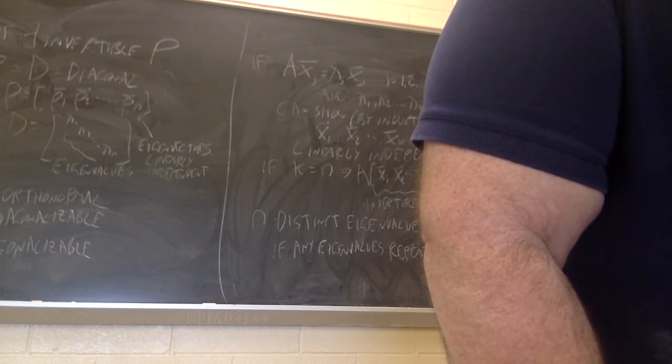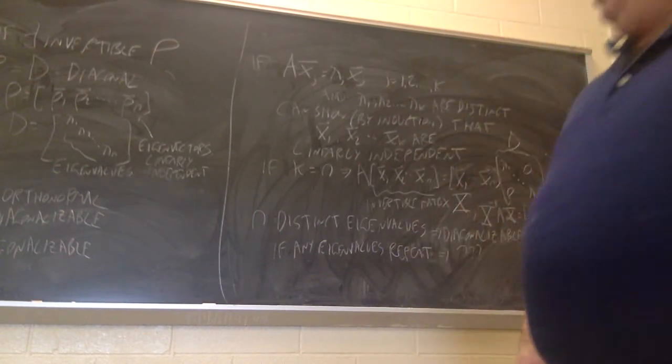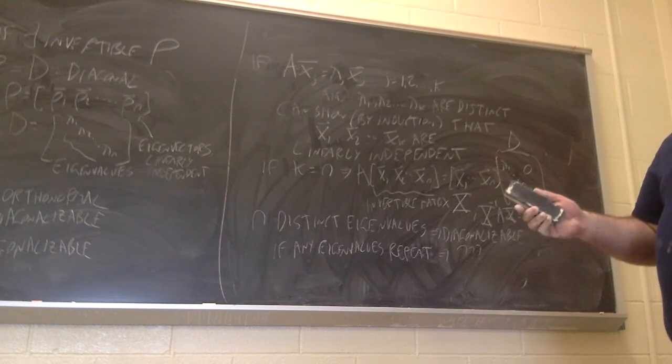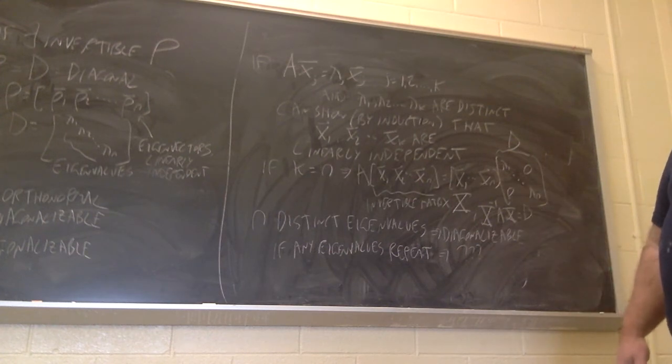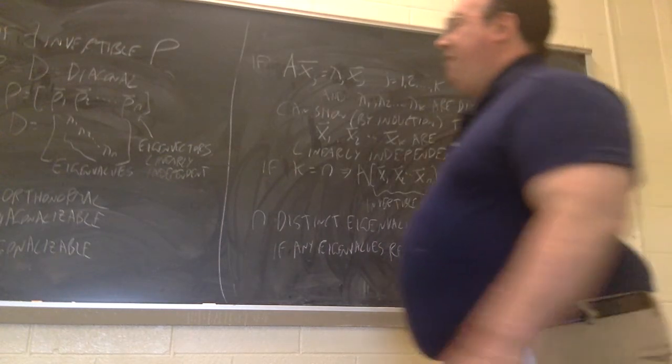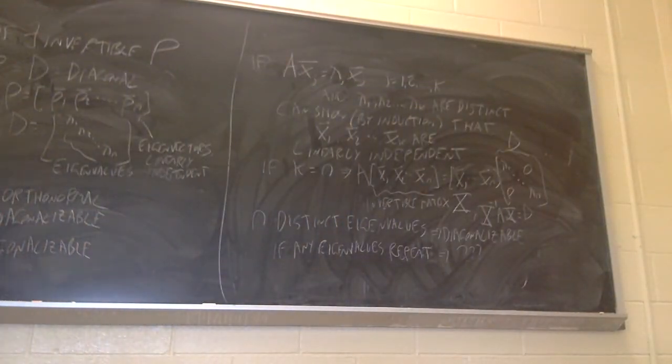Okay, so I do need to talk about, I mentioned a repeated eigenvalue is a repeated root of a characteristic polynomial. So in that case, the eigenvalue has a certain multiplicity to it. But when it comes to eigenvalues and eigenvectors and characteristic polynomials, we actually have more than one notion of multiplicity to talk about.